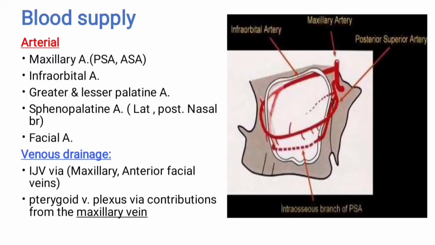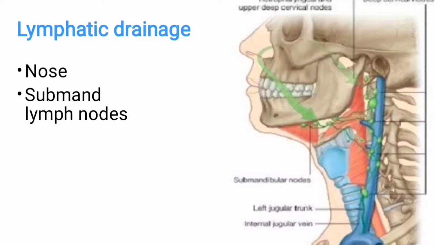The maxillary sinus drains into the internal jugular vein through the maxillary and anterior facial veins. Moreover, the pterygoid venous plexus, which lies posterior to the maxilla, receives contributions from the maxillary vein.